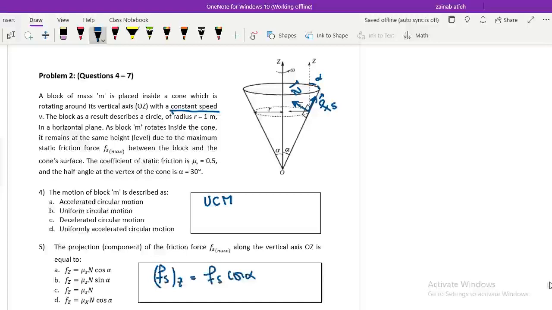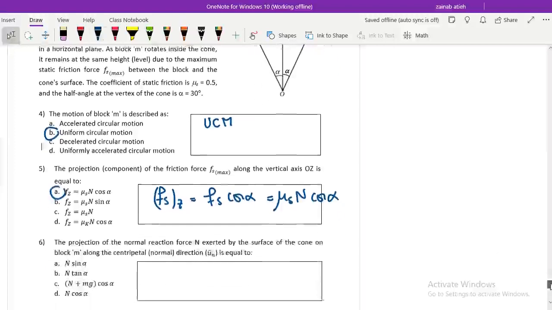Okay, always, Fs max, remember that Fs max is equal to mu s n cosine alpha. This is a formula. So this is the answer. It's A. Here the answer is uniform circular motion at speed.